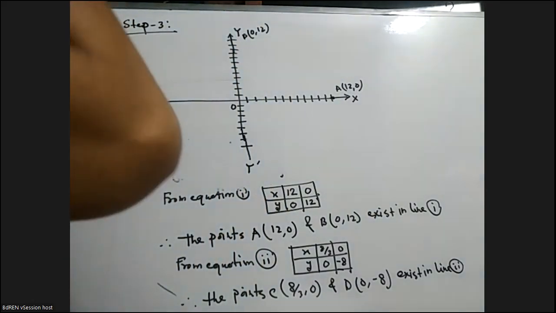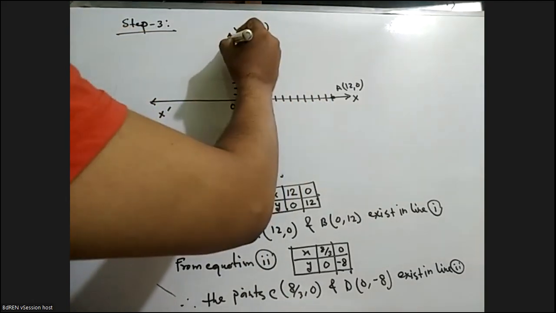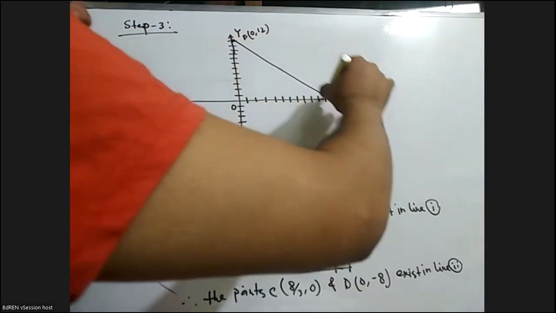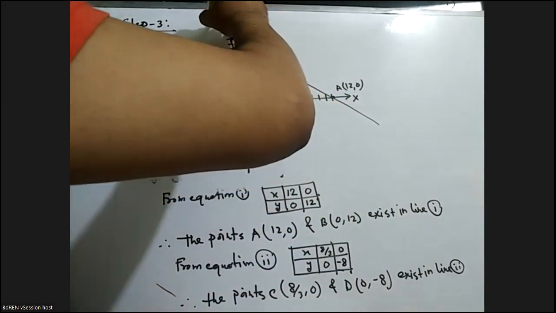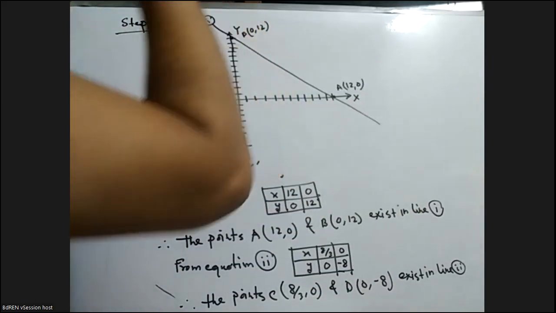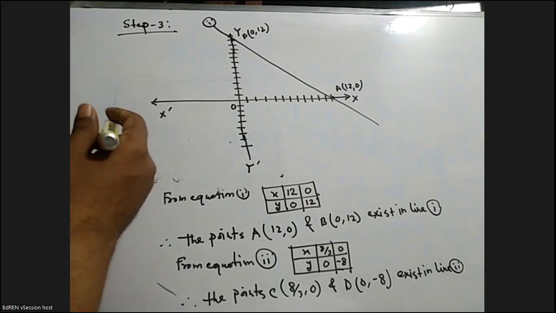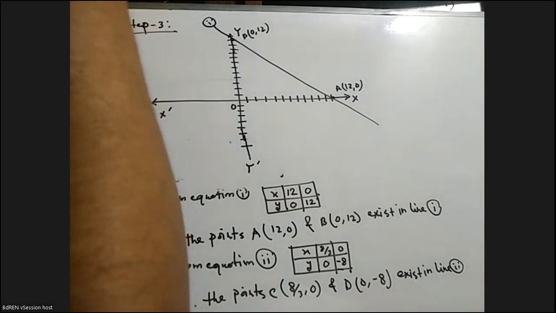Now, if we join these two points, this point and this point, with a line, we get equation number 1. But the inequality sign was actually less than or equal.